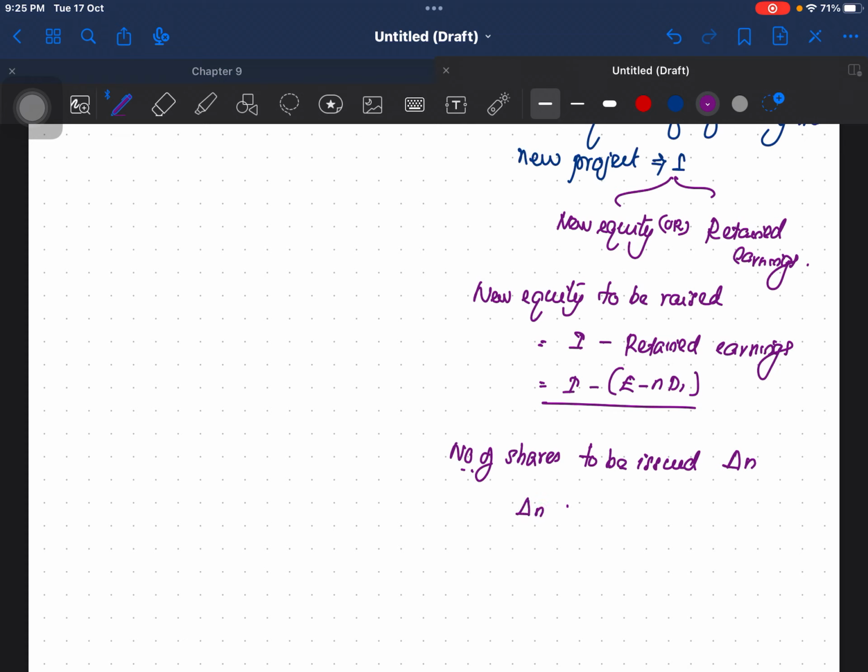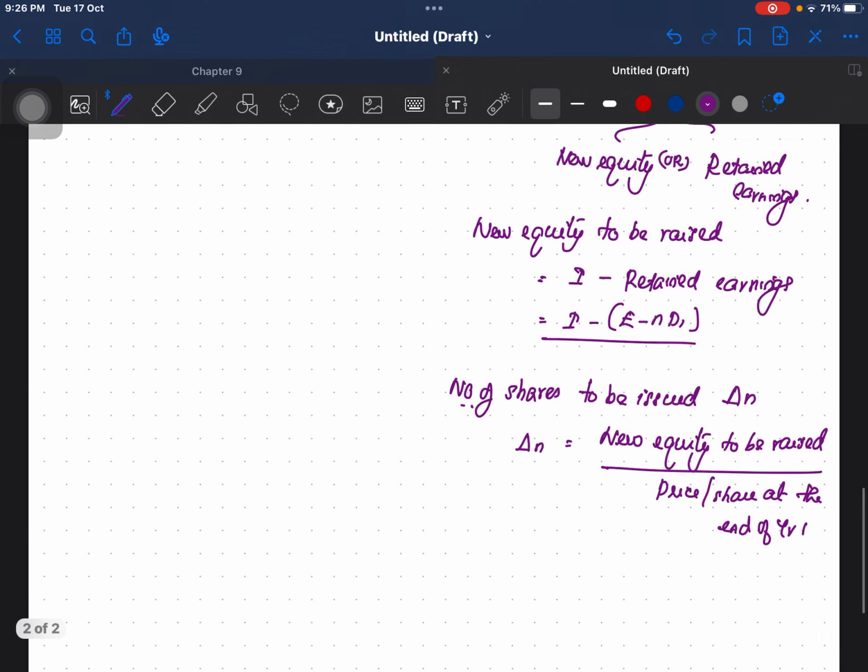So delta n is equal to new equity to be raised divided by the price per share at the end of year 1.